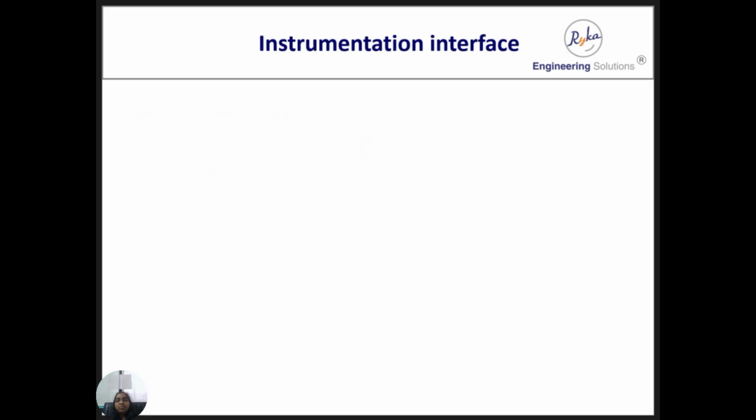In instrumentation interface, let us see how instrumentation engineering interfaces with other disciplines and for what purpose. So we have seen many types of field instruments, many types of control valves, and many control systems.